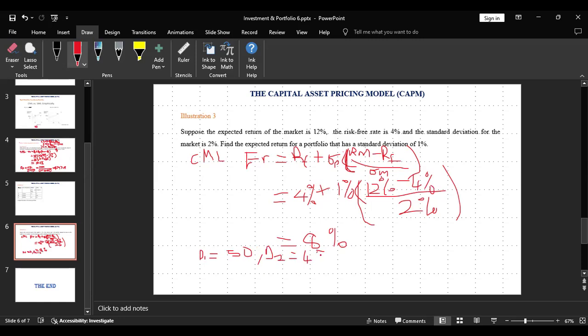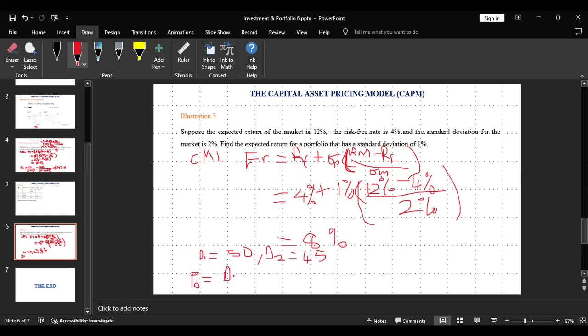Then you are asked to find the value of the shares. You just apply what we learned in share valuation. I know everyone here has done business finance, corporate finance, financial management.